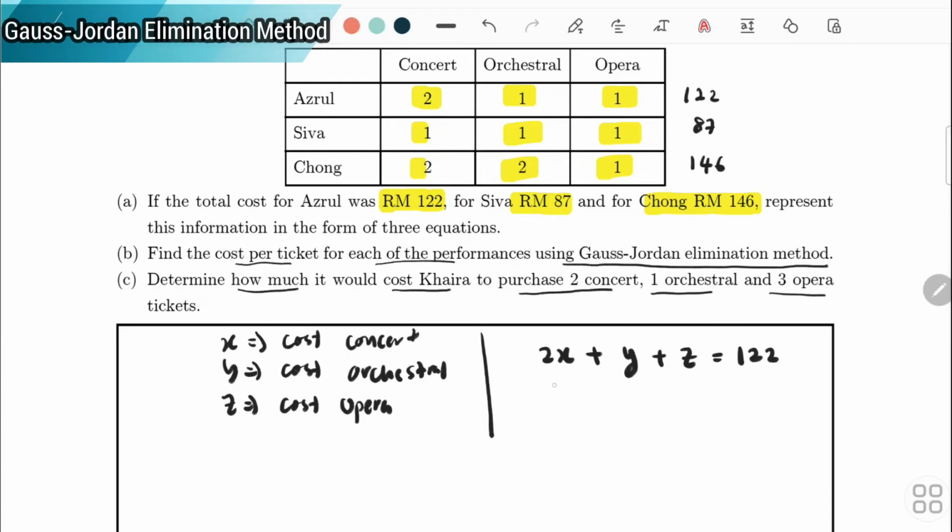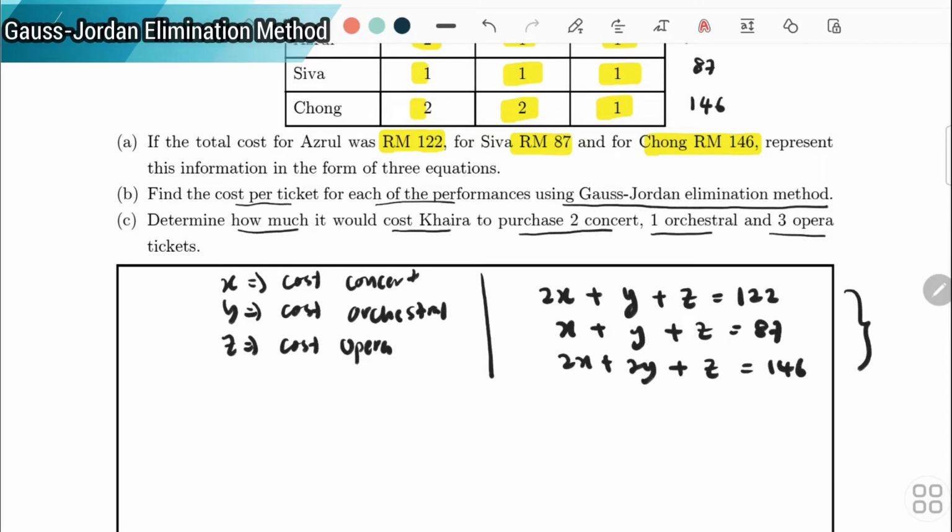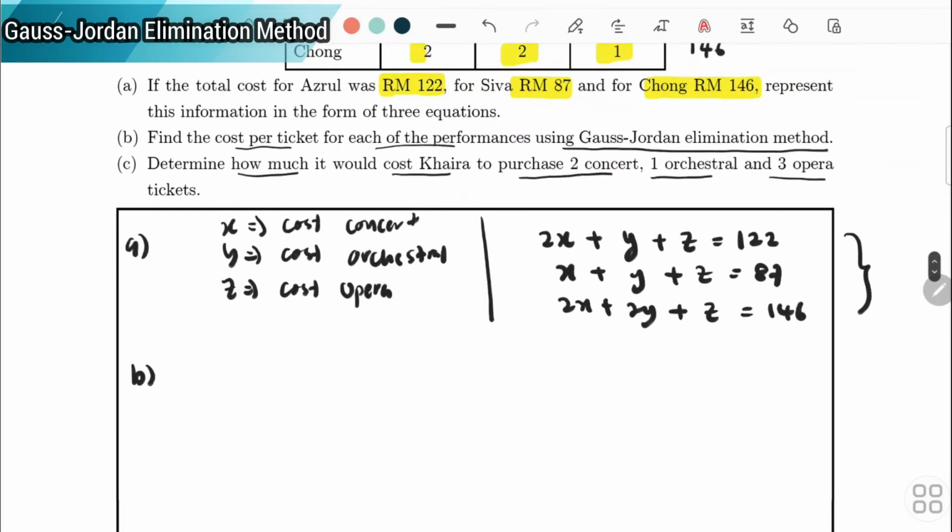Siva 1 concert ticket, so x plus y plus z is equal to 87, and the last one, 2x plus 2y plus z is equal to 146. So we have answered the first part of the question, forming the 3 equations. This is our system of linear equations that we want to solve for part B.